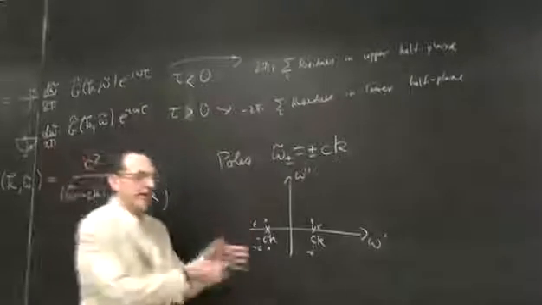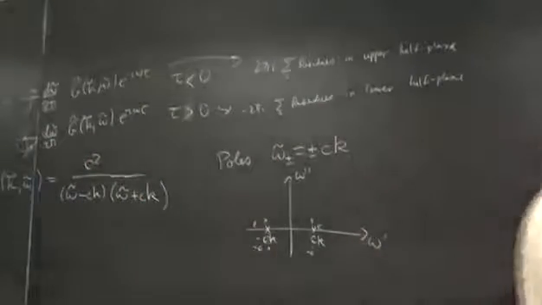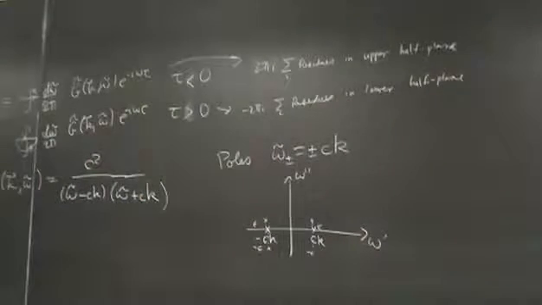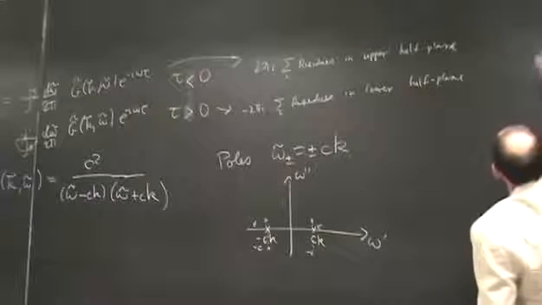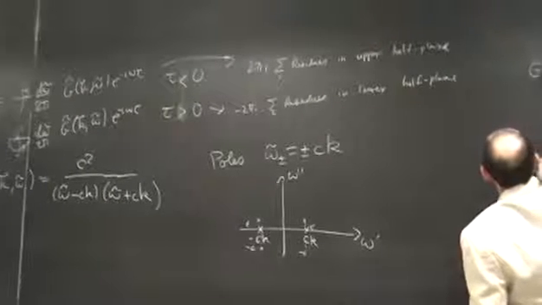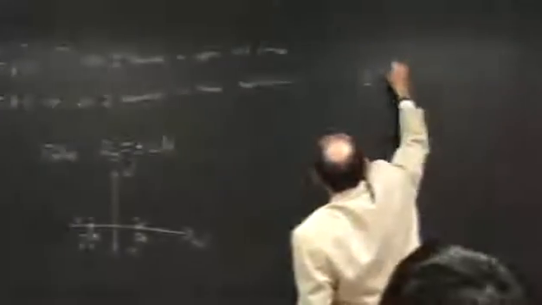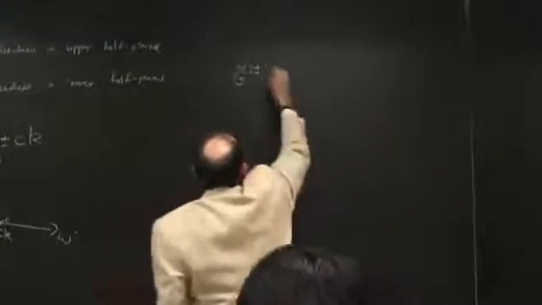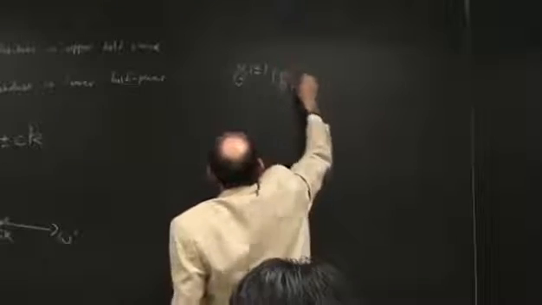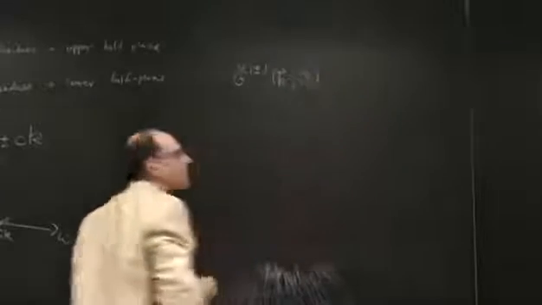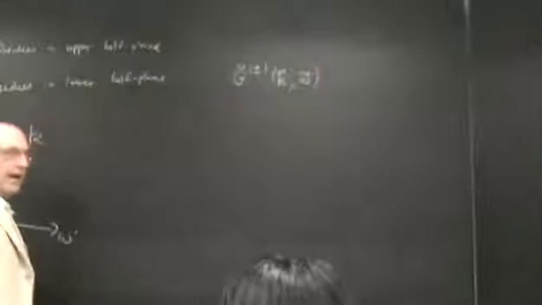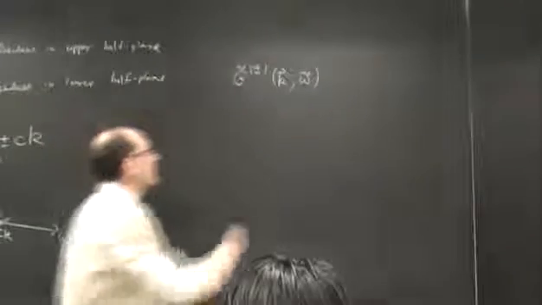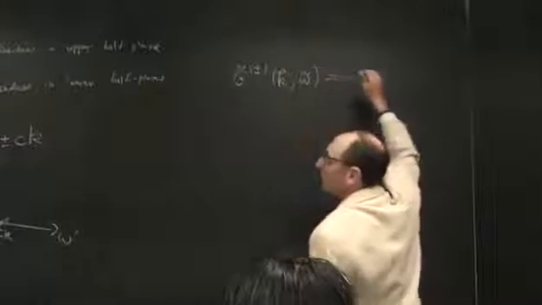But these two different limits give us two different Green's functions. We traditionally call them G plus and G minus, which I will write in the Fourier domain.